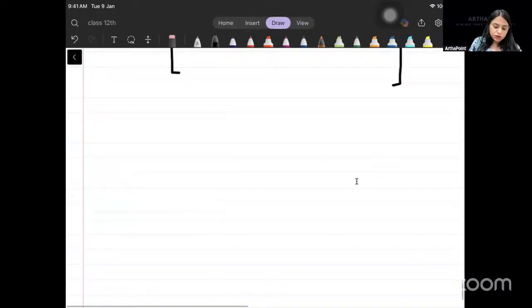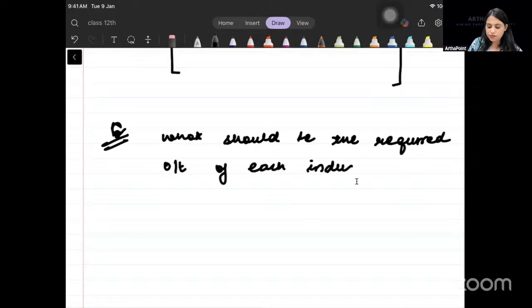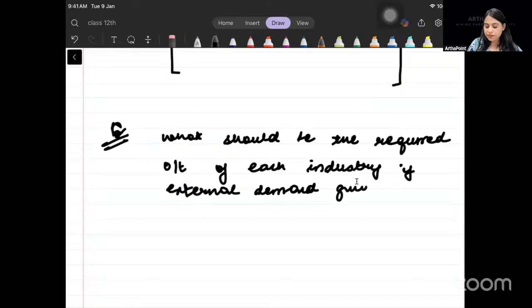So the next part of the question actually says, this is again for 5 marks. What should be the required output of each industry if external demand is given by the following matrix?